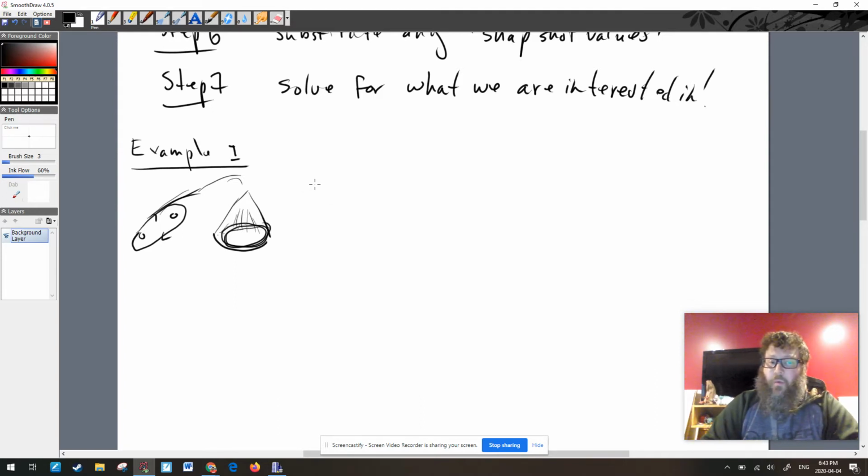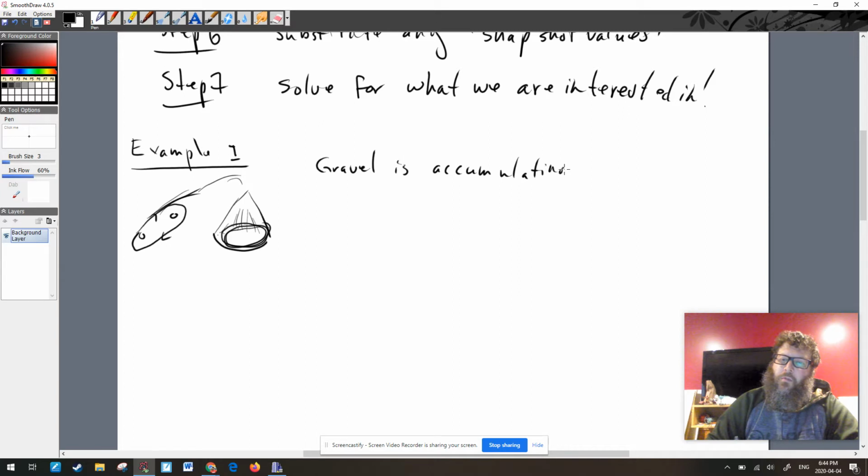And so some of the things that we're going to know, okay, let's say that the gravel is being poured, so gravel is accumulating at a rate of, how about, I don't know, 20 cubic meters per minute. Okay.